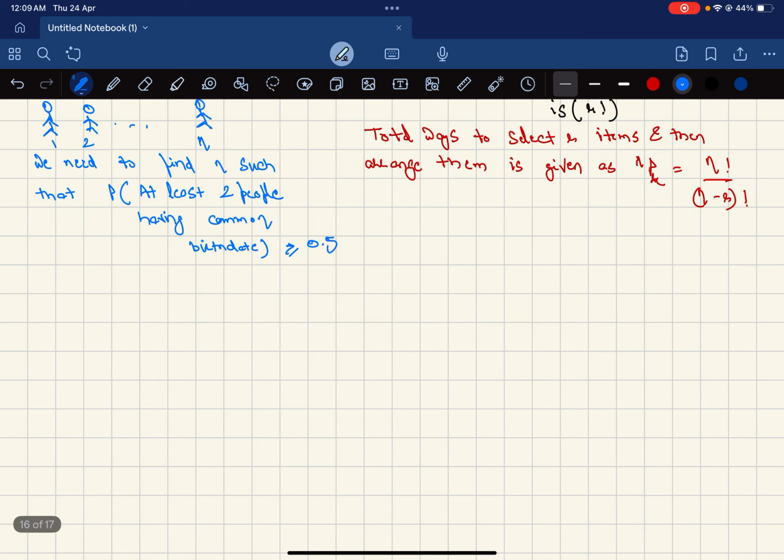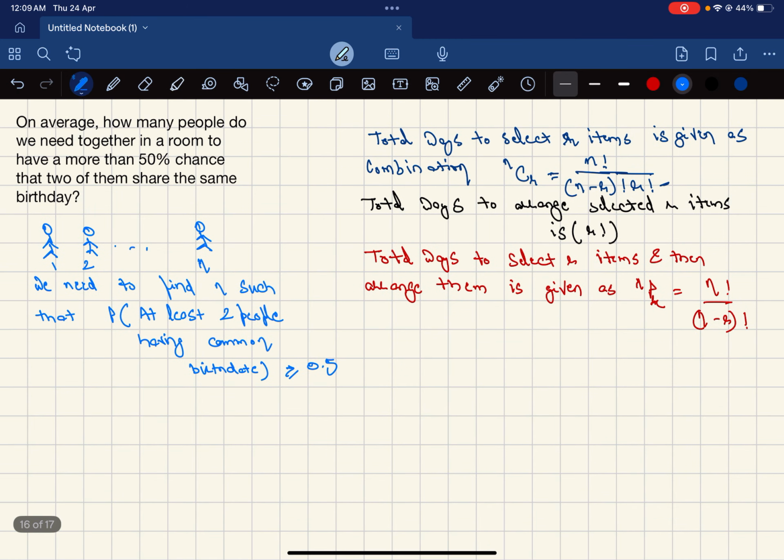Now, if you guys remember, we saw something called the complement rule of probability. The probability of at least two people having a common birthday being greater than or equal to 0.5 means 1 minus the probability of no person having a common birth date is greater than or equal to 0.5.